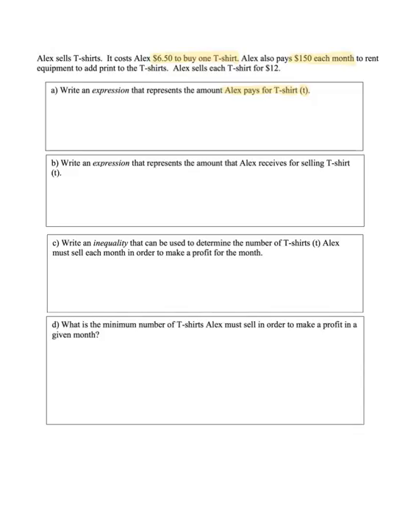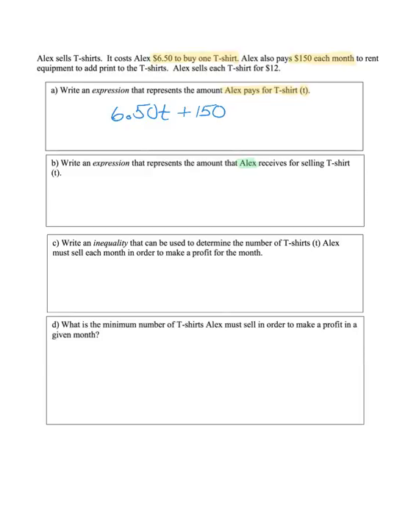So if we take the value of an item, $6.50, times the number of t-shirts, again the price per item times the number of items, and then simply add on our monthly cost for the equipment that we're paying just once a month of $150.